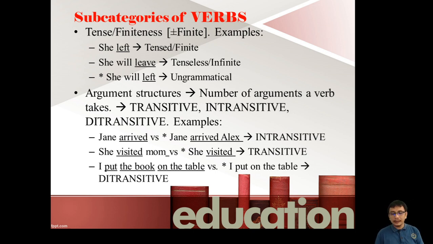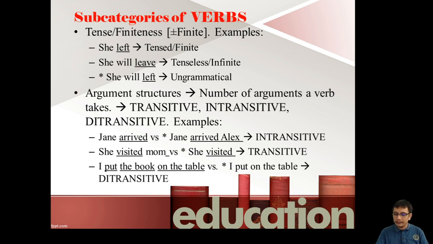And we also have the third subcategorization, which is called ditransitive, in which a verb like put needs not only one object but two, direct and indirect objects. So we can say "I put the book on the table," but we cannot say "I put on the table," because the native speaker will say, "Oh, I need something. What do I put?"